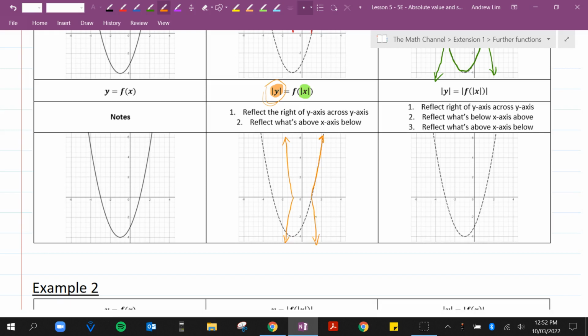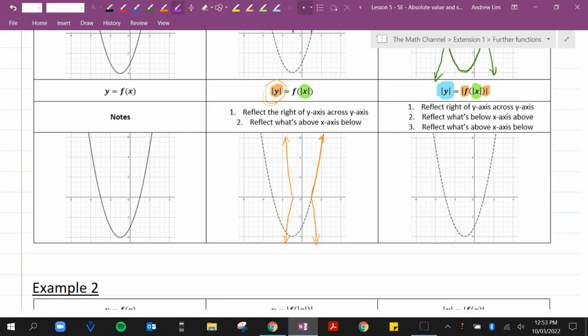Alright, and this last one has all three. So we need to reflect, remember, inside out. Reflect across the y-axis first, and then we're going to make everything positive, and then we can reflect what's above below.